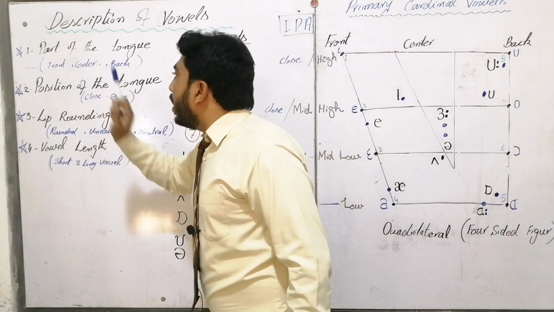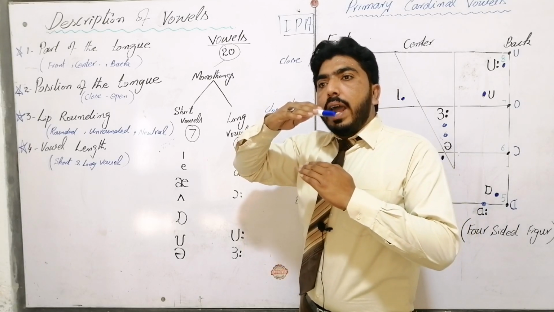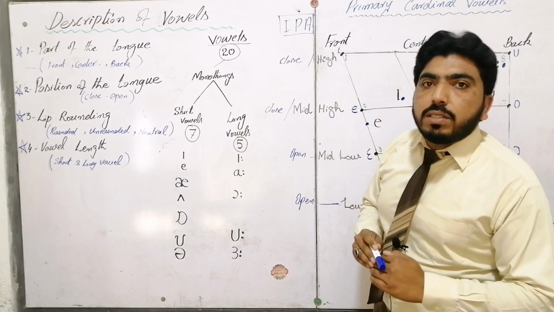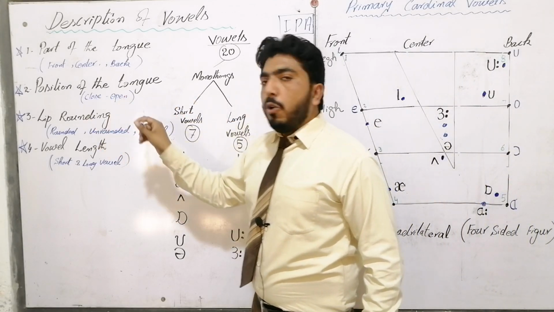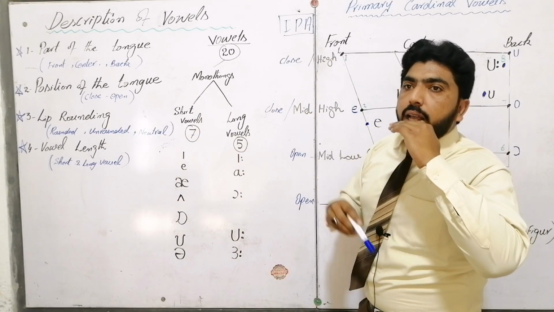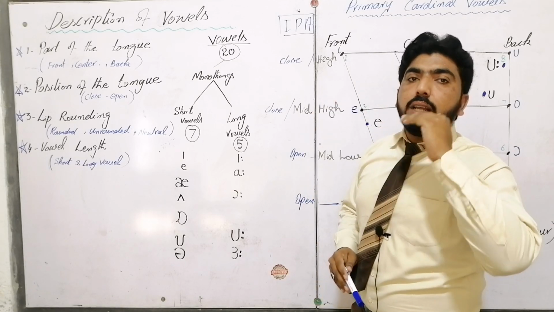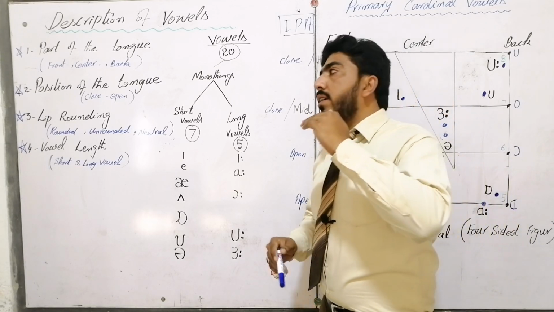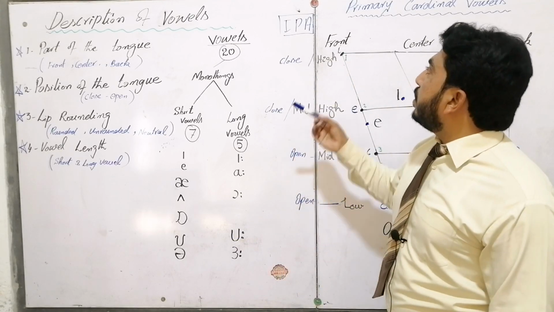The second point is the position of the tongue: how high the tongue is and how low the tongue is during the production of the sound. We also give terms like close and open. Close in the sense that the tongue is very close to the upper part of the mouth, like the hard palate, and open when the tongue is lowered. Another term is high.